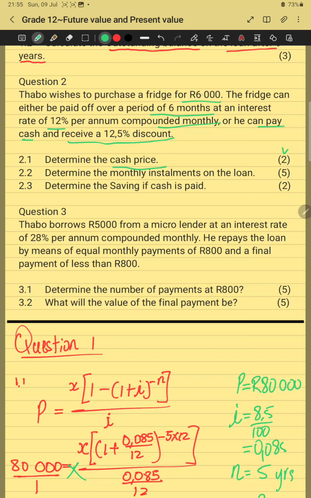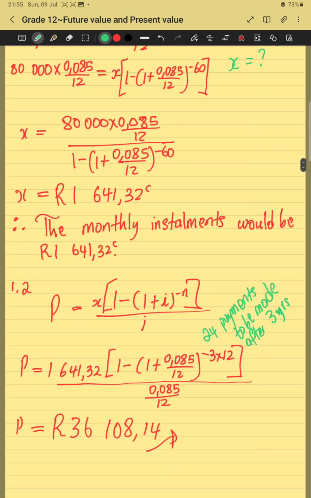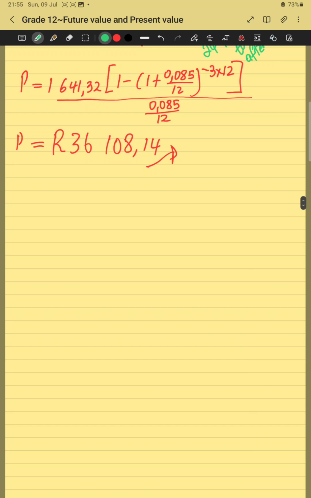So we're going to say 6,000 minus 6,000 times 12.5, and then we're going to get the cash price. Now let's check it out. How do we go about answering this one?